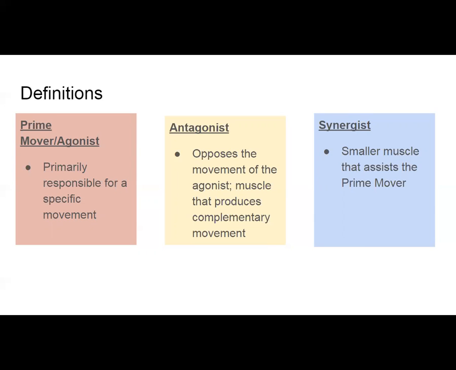The antagonist is going to oppose the movement of the agonist. Another way of saying that is the muscle that produces the movement that's complementary to that of the prime mover. Synergist is then a smaller muscle and it assists the prime mover. So there's some synergy between the synergist and the prime mover.